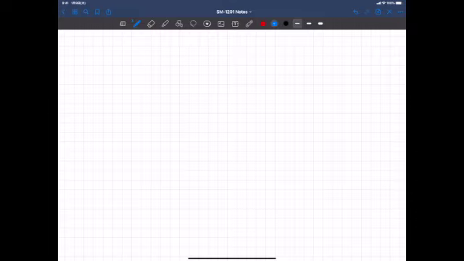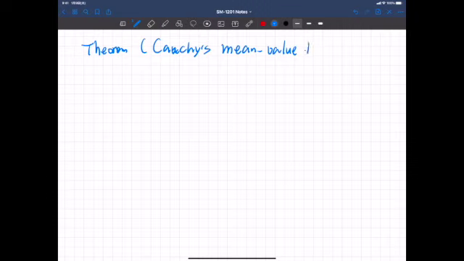Okay, finally we want to prove L'Hopital's rule, but before that we need one theorem, which is called Cauchy's mean value theorem. So that's this.